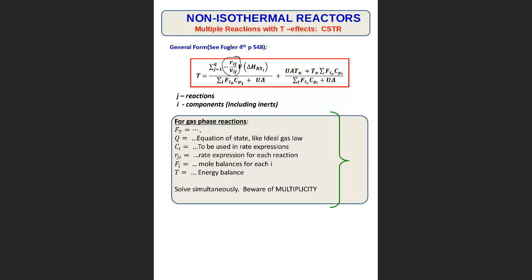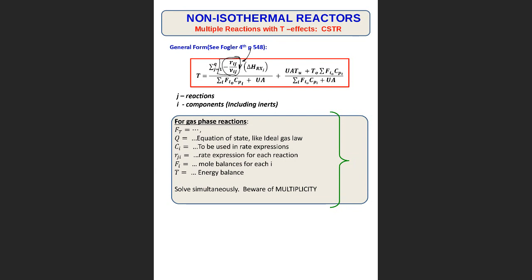But just for your future use, if you save the slides and you end up in industry where you have to model a CSTR with multiple reactions, it's going to take you a while to sort out all the analytical multiplicities, because you're going to end up with lots of nonlinear equations that you must solve simultaneously, and you can have multiple solutions. Some of them will actually be possible operating states, but others will just be artifacts of the math. So that's a very unfair question to ask if you don't have 3 weeks to solve.